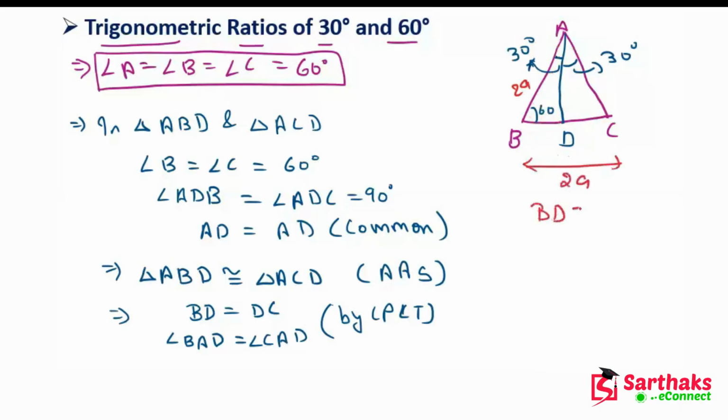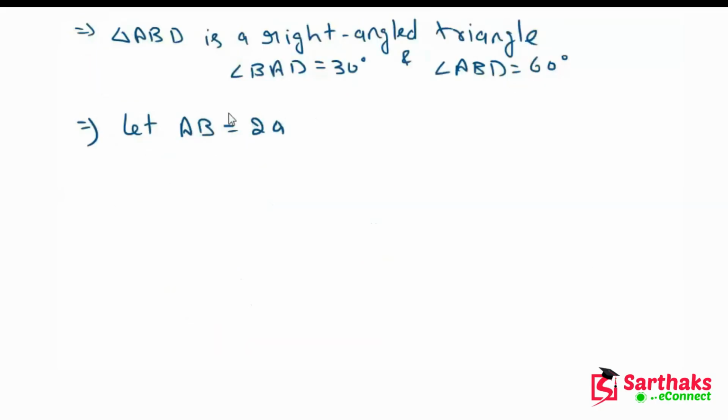So now BD is half of BC, means half into 2A, and this two and this two will be cancelled, we get A.